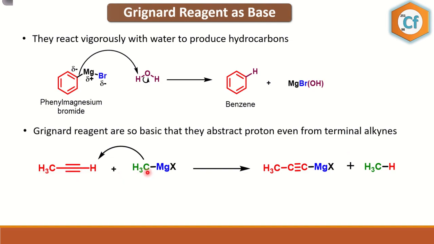So CH3 is so basic that it can abstract a proton even from the terminal alkyne, which is a super low acidic compound. So CH3 attacks on this hydrogen to afford CH3H, which is CH4 methane gas, and this MgX gets attached to this carbon. The C attains a negative charge and forms a bond with MgX.